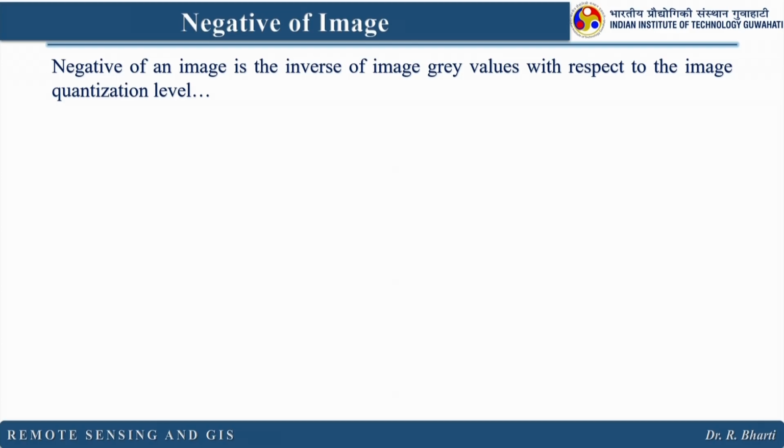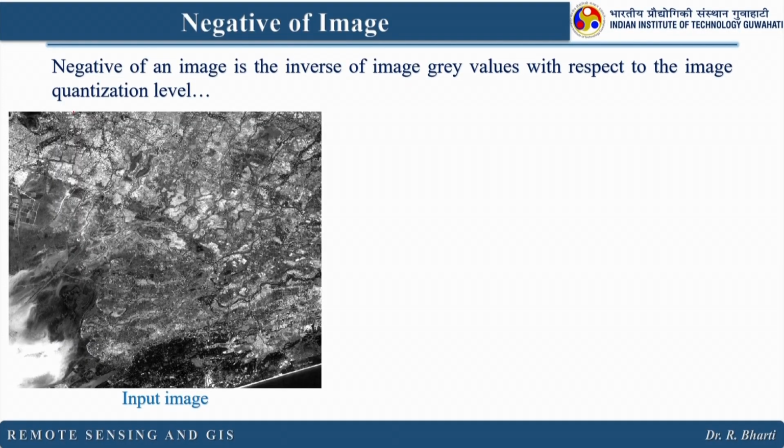Negative of an image is basically the inverse of image gray values with respect to the image quantization level. So, image quantization level is basically, if you have 8-bit data, then you will use 255 or 256 as your higher value, right. And here O max minus X is equal to your Y.